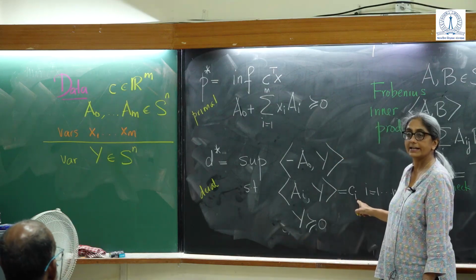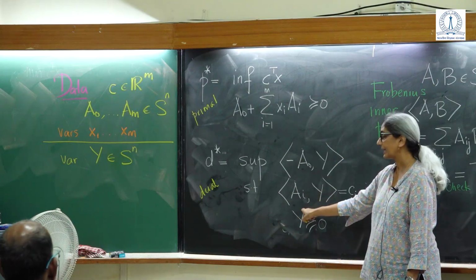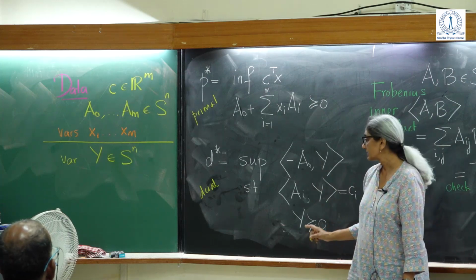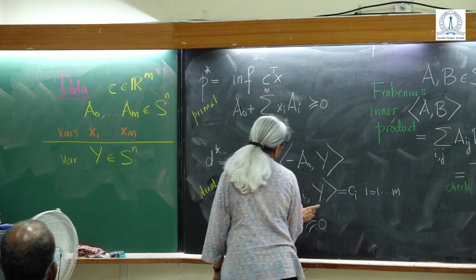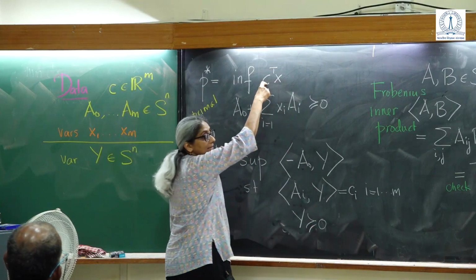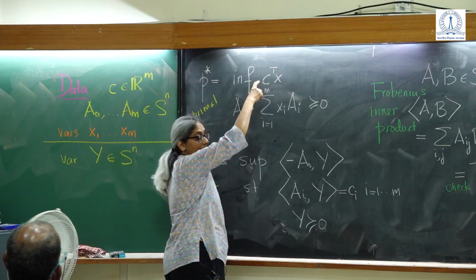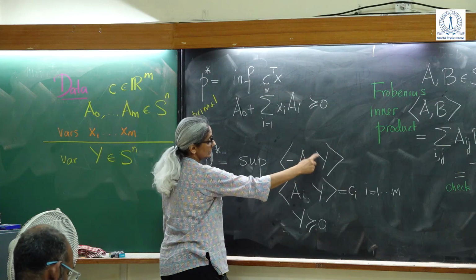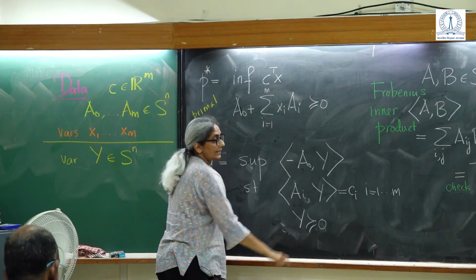The C's are used again, the A's are used again, but there's a new variable Y, that's the only new thing. This new variable must have the property that its inner product with each of the Ai's is ci, which is the number here. And you want to take the supremum of minus A0 dot Y, and Y has to be PSD.